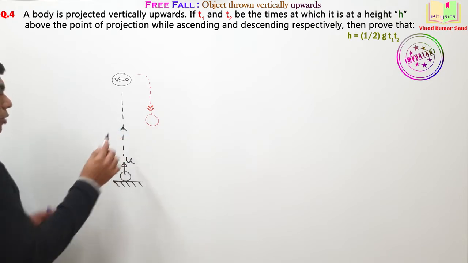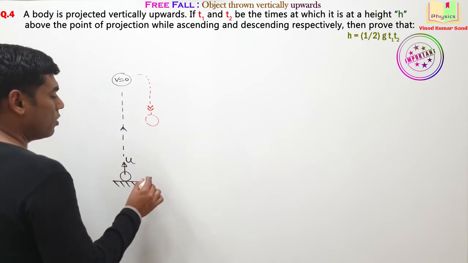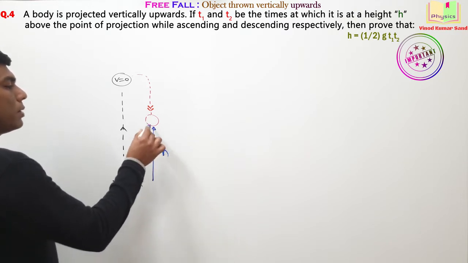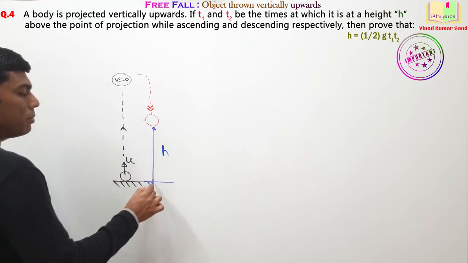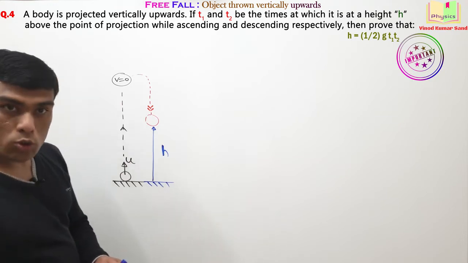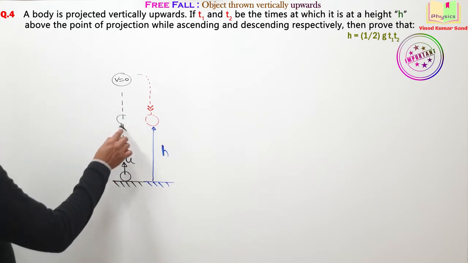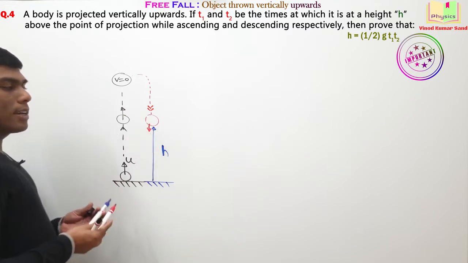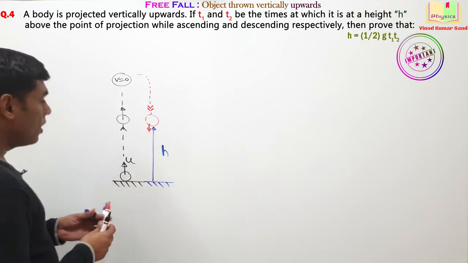Now, if we consider this height to be h, the ball will be at this height h how many times? Actually 2 times. Once while going up and second while coming down. Is it okay?